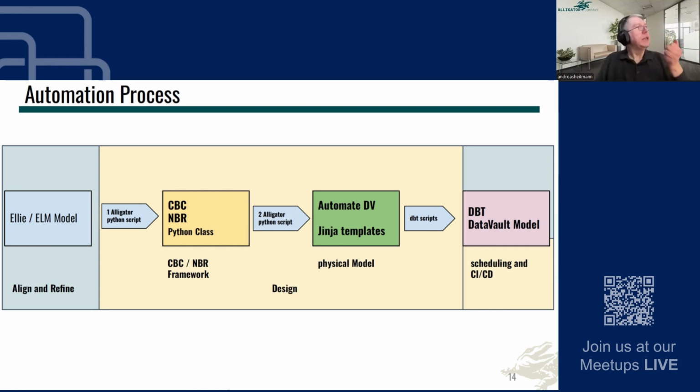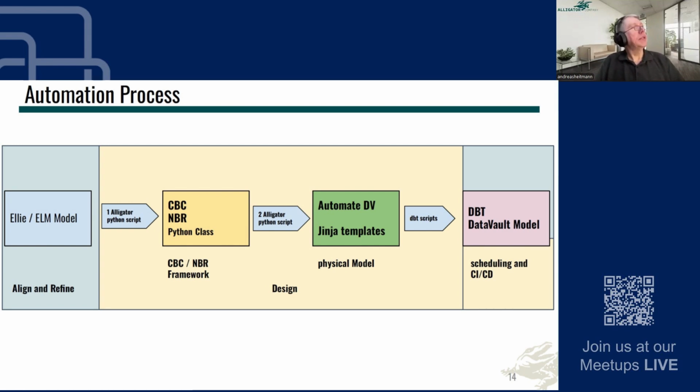And you can use this Python class also maybe to put it into Vaultspeed or in other tools which automate it or create your physical model out of it. So I choose this additional step, for example.